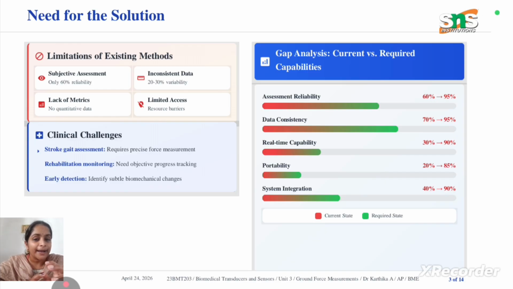See the gap analysis, current versus required capabilities. The elements are assessment reliability, data consistency, real-time capability, portability, and system integration. In this graph, red indicates the current state and green is our required state.